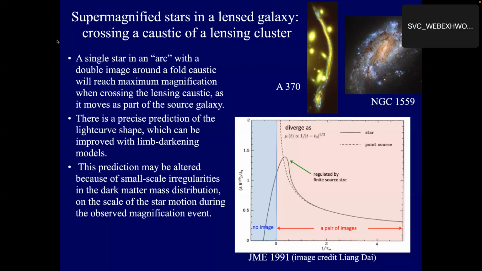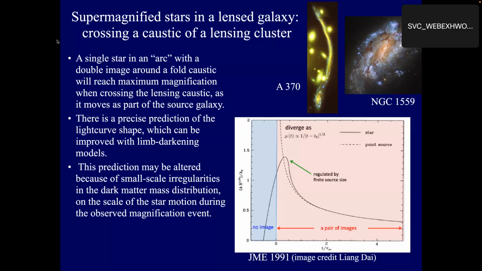Now, if the lens were smoothly distributed mass, there would be just one caustic, but actually there's more, because small-scale irregularities in the mass may produce many microcaustics. There is a precise prediction of the light curve shape you should see when a point source of light crosses a caustic, which goes like that.